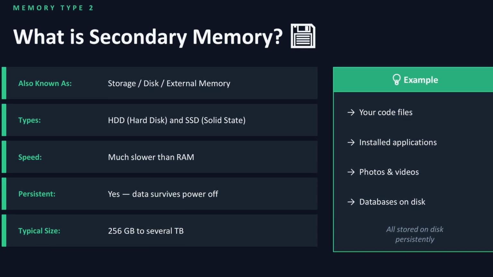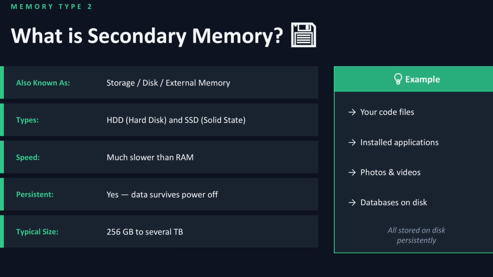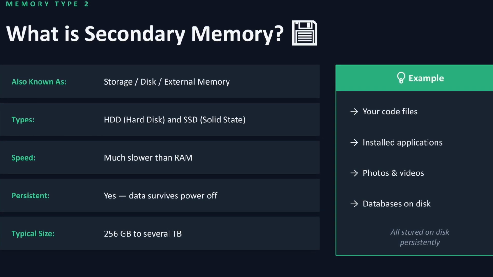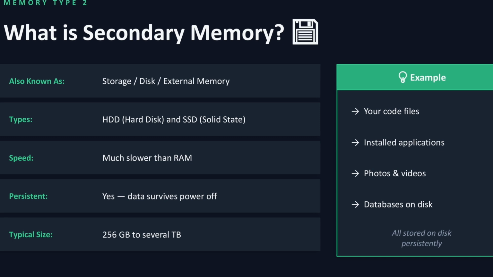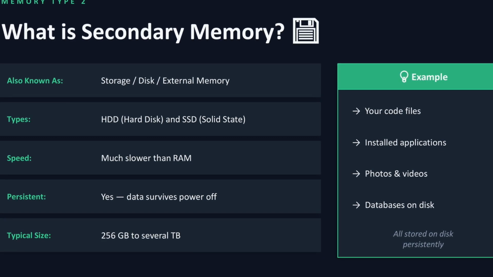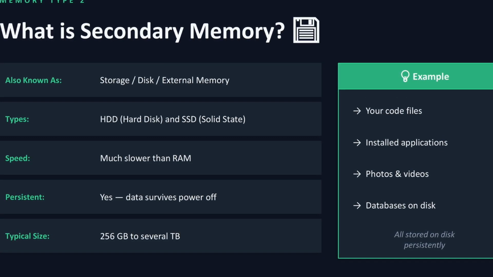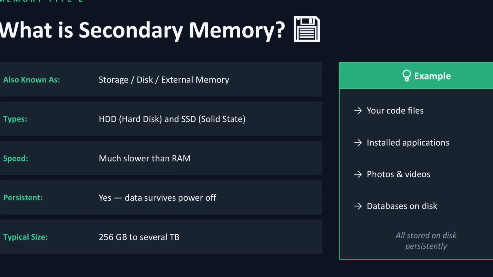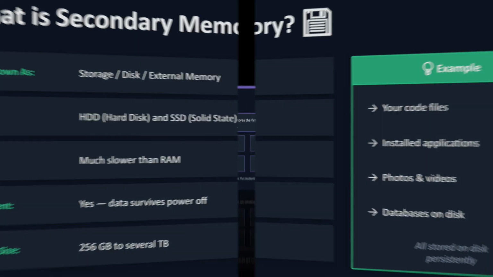SSDs are much faster than hard disk drives, but both are significantly slower than RAM. Size wise, secondary memory ranges from 256 gigabytes all the way to multiple terabytes. Your code files, photos, installed applications, all of that lives on secondary memory.